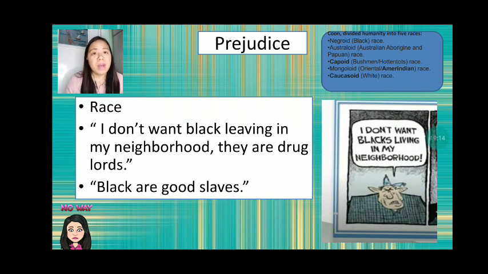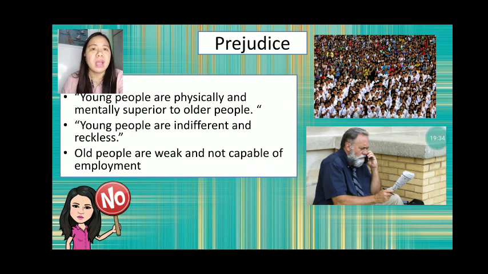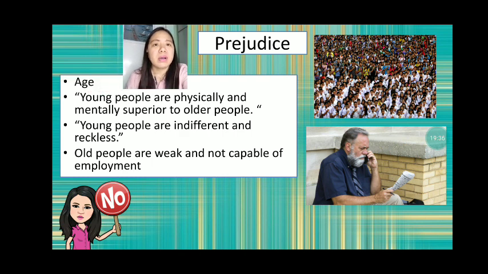So, example pa is black are good slaves. They are drug lords. So, you are giving a preconception, meron ka na agad assumption na kapag black people, drug lords. Another, kapag black people, they are slaves, alipin. That's prejudice.